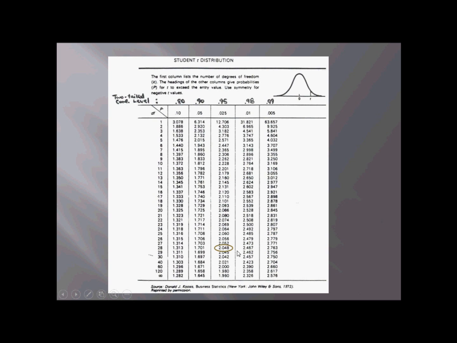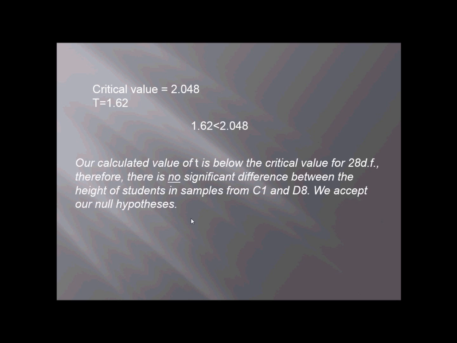You can see here the critical value equals 2.048 and the t-value equals 1.62, and 1.62 is less than 2.048. So there is no significant difference between the height of students in sample C1 and D8. So we accept the null hypothesis.